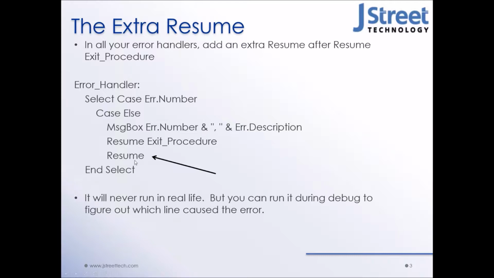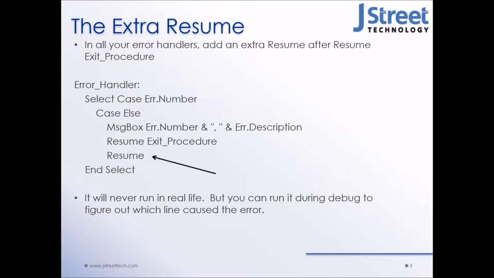The whole point of putting the extra resume in here is that when you get an error in your code and it just shows the description, you can hit control break and drop into your code, and then you can move the little yellow arrow that shows your current line of code down to the resume. Because what you're about to do is resume exit, but instead you can move your current line down to resume.